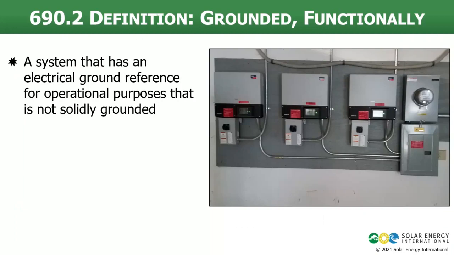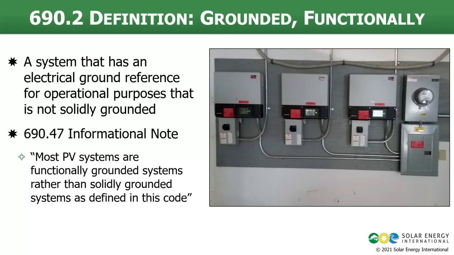690.2 in the National Electrical Code gives us the definition of grounded functionally, or functionally grounded, and that refers to a system that has an electrical ground reference for operational purposes that is not solidly grounded. Remember, the systems on transformerless inverters are functionally grounded when those inverters are operating, but when they are not operating, those DC conductors are not grounded.